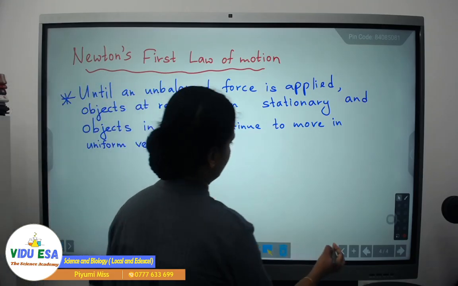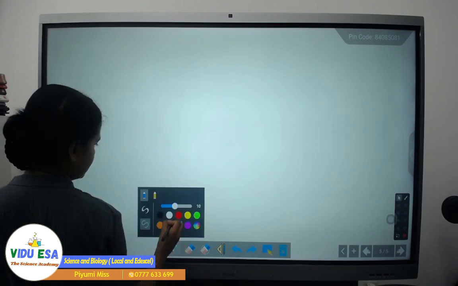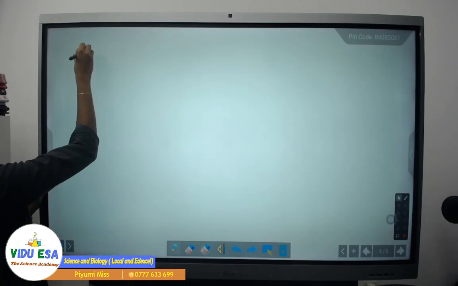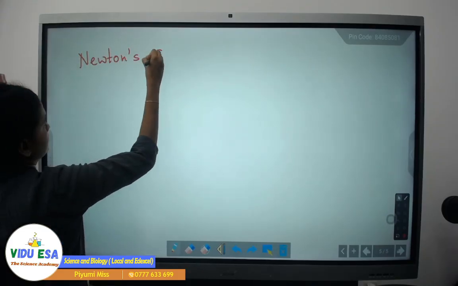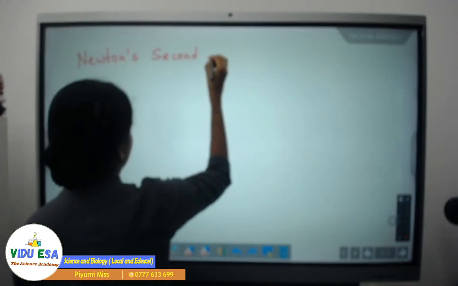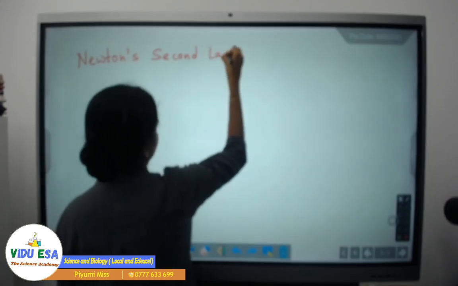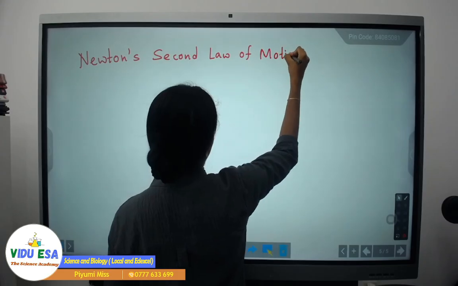Then we'll move on to Newton's second law of motion. Right? And here we have to do a calculation. Newton's second law of motion.